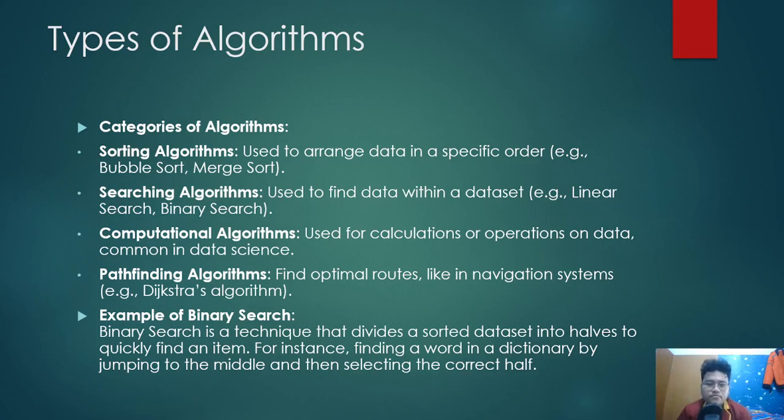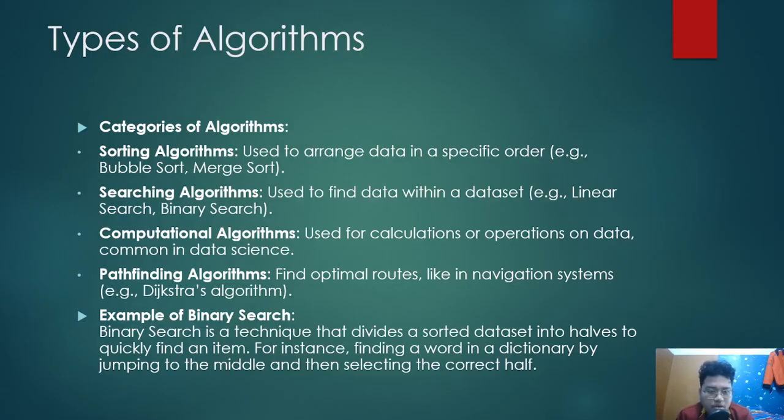Next is computational algorithms, used for calculation or operations on data, common in data science. The next is pathfinding algorithms, which find optimal routes, like in navigation systems, for example Dijkstra's algorithm.